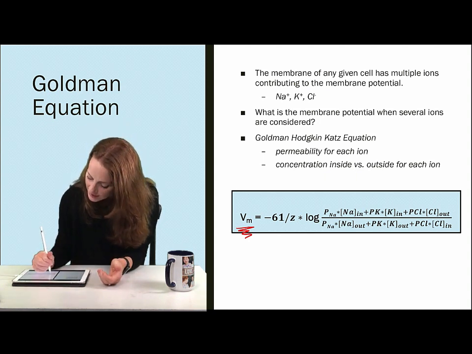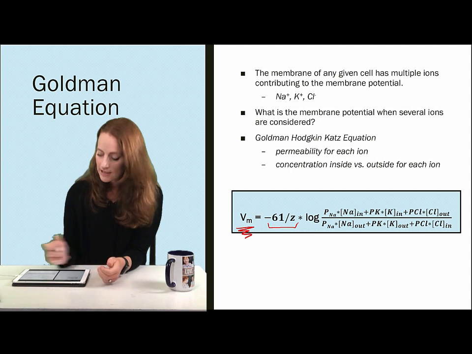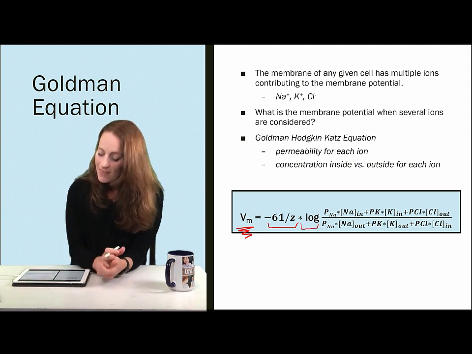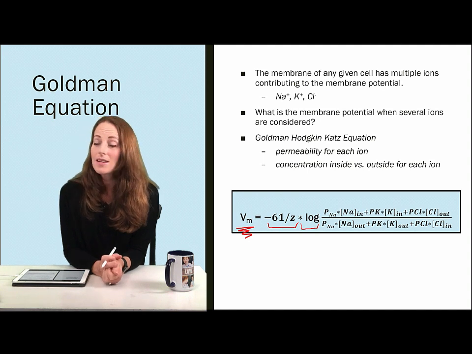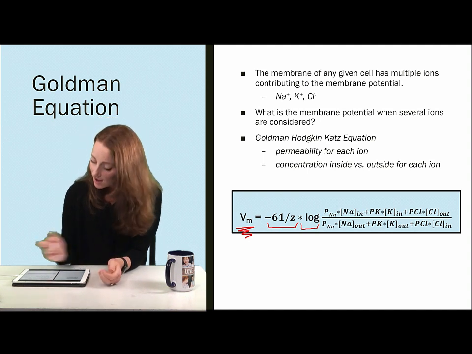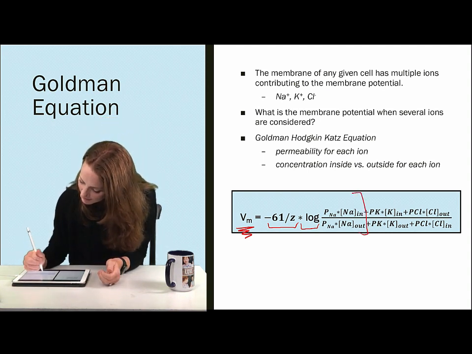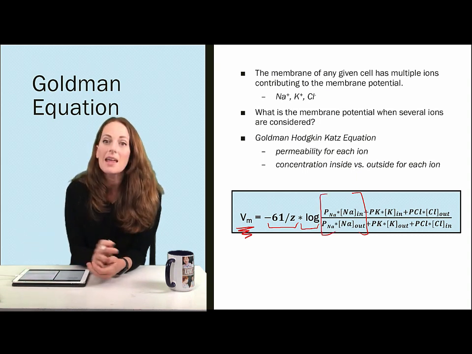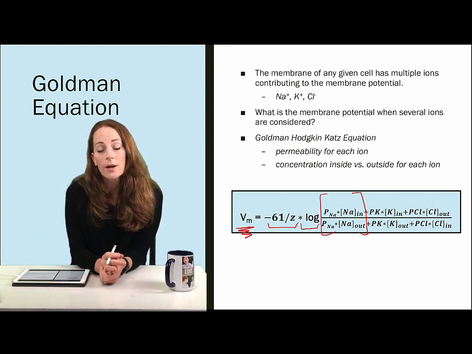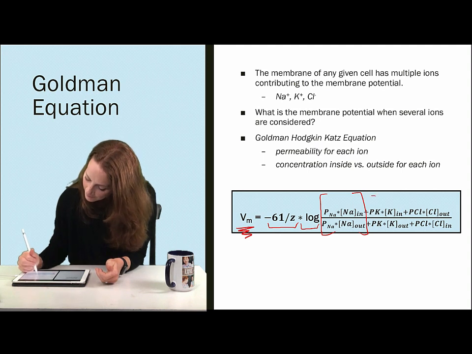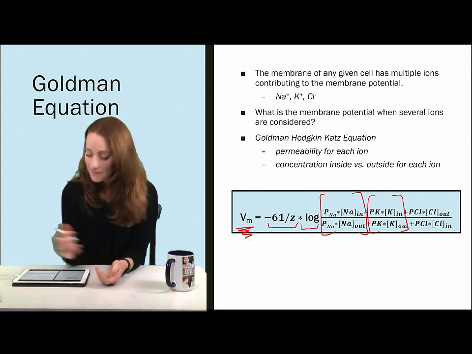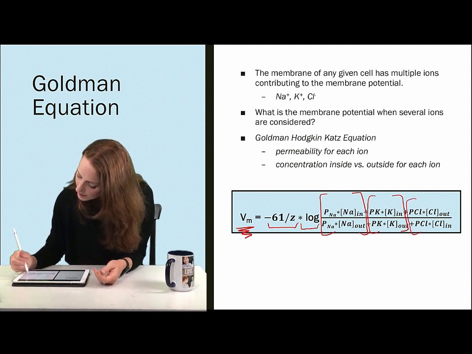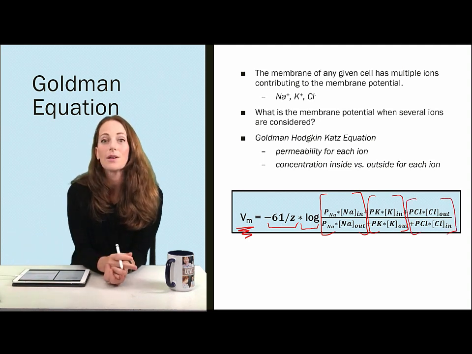Again, you'll see negative 61 over Z times the log, but this time you're going to see values of concentration and permeability for each of the ions. Here we can see permeability and concentration gradients for sodium, permeability and concentration gradients for potassium, and permeability and concentration gradients for chloride.